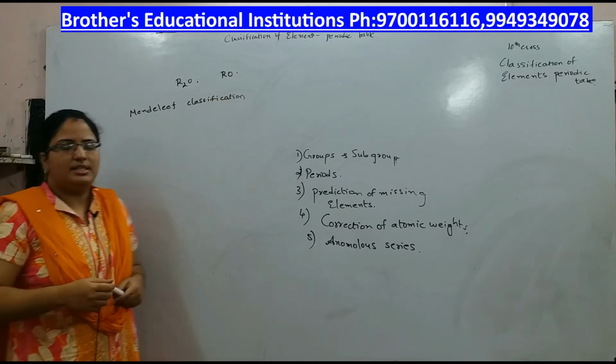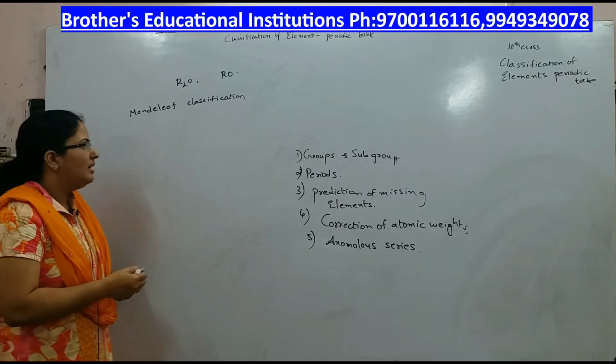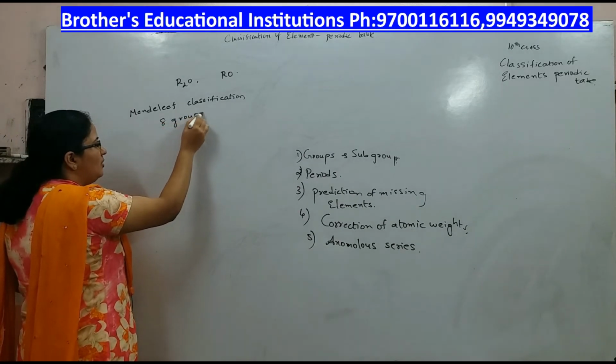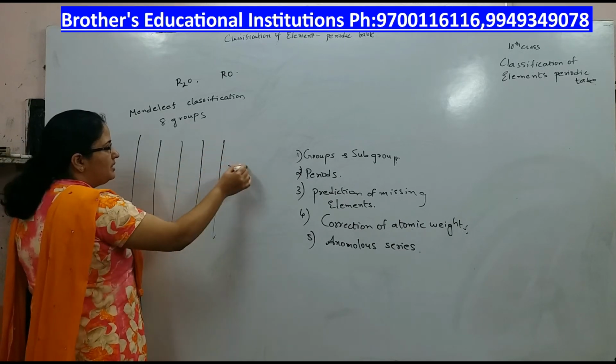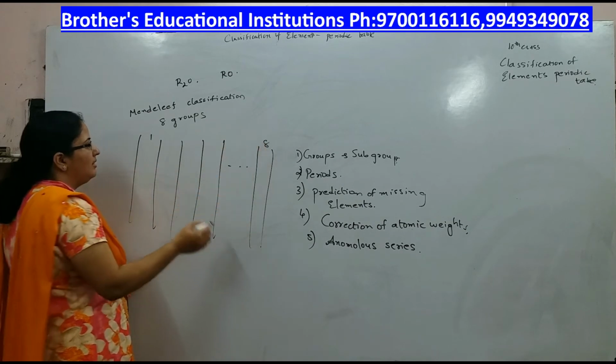What Mendeleev has done is, whatever elements were available, he arranged them in 8 columns called groups, 1 to 8.